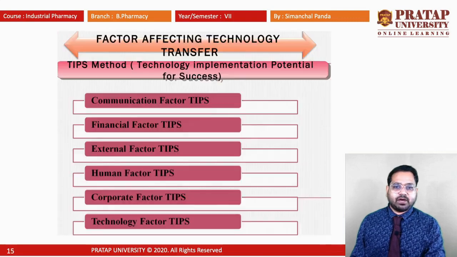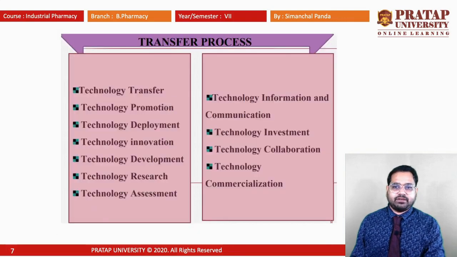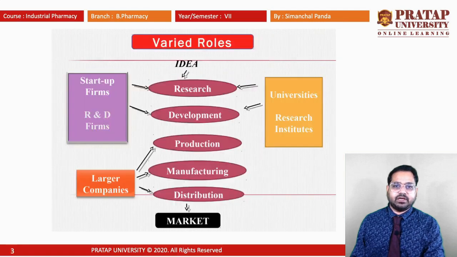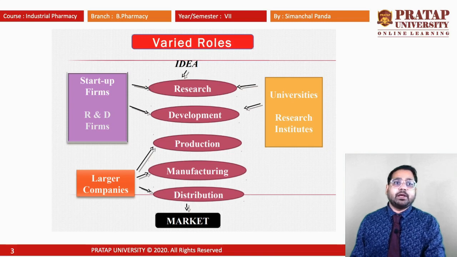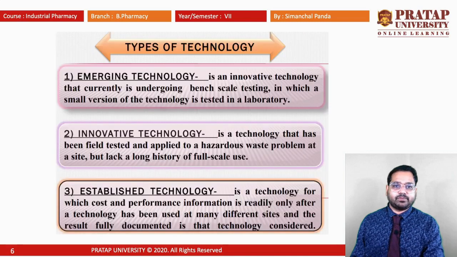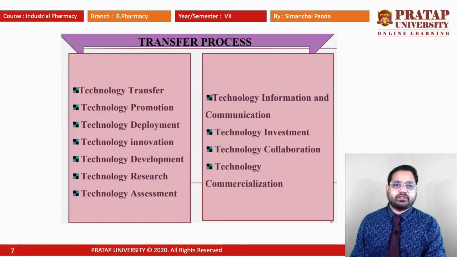The basic idea to understand is idea, research and development, production, manufacturing, distribution and marketing, the coordination between them, and the transfer of the idea until it reaches the different consumers, the idea converting to a need, and the utilization and consumption by the consumer is the transfer of technology. So, next class we will come with a new chapter, and hope you have understood properly.